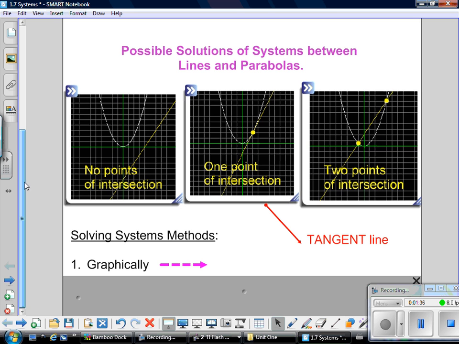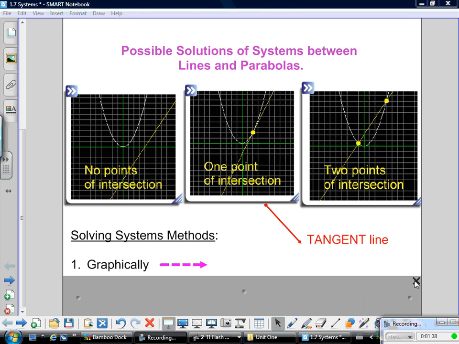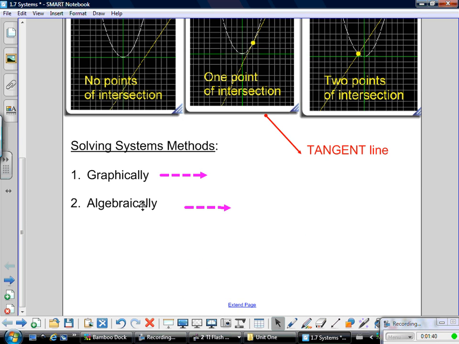Now there are two different ways that you can solve systems of equations. Obviously, one of them is graphing. What are some of the advantages of graphing? Well, it could be less complicated.